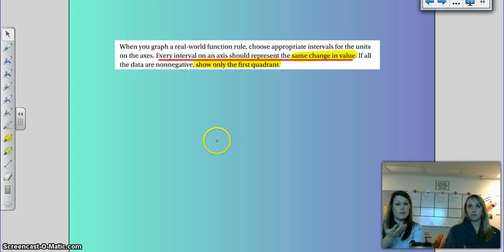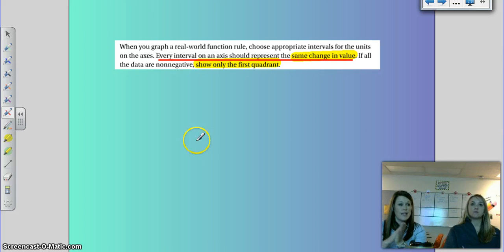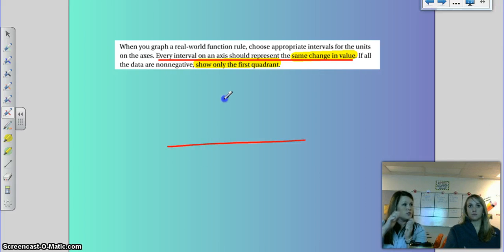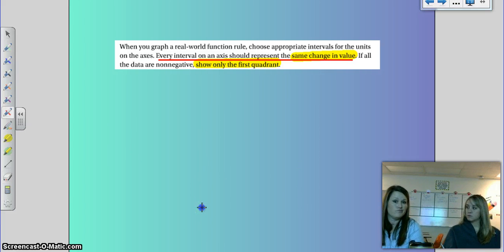For example, we dealt with a problem yesterday about money, and it was cans, and there was $52 and then $53 and $54. So we needed to choose appropriate intervals for that. We wanted to skip by ones. Anyways, this is just something that we need to remind you about that you need to do.